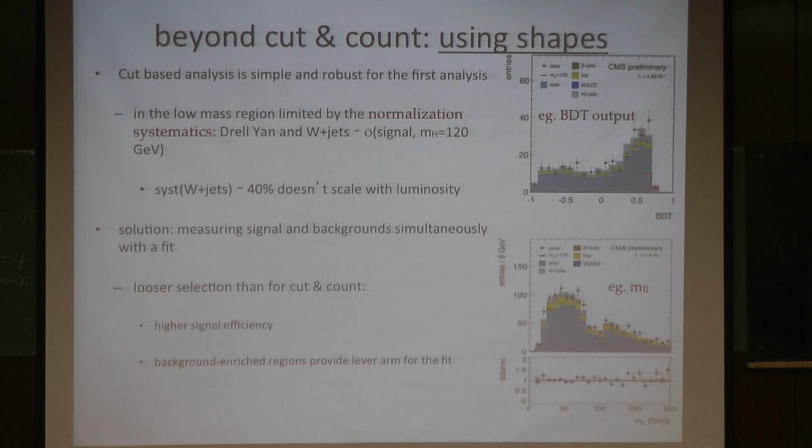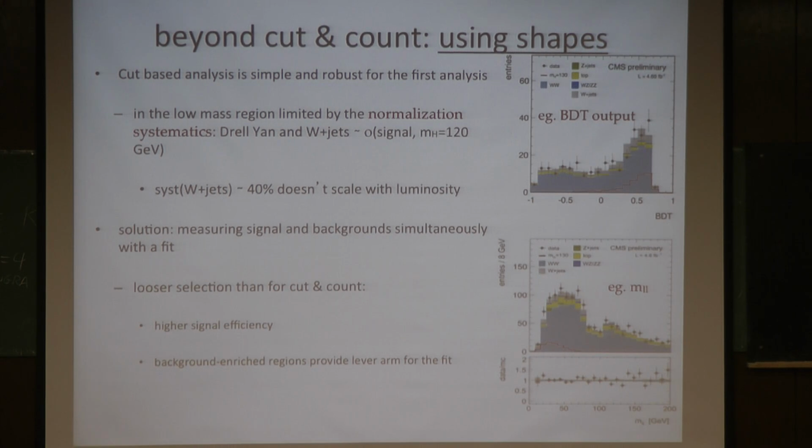And now, other than doing just cut and count, you can start using invariant masses and combinations of invariant masses and try to do shape analysis. And this is a boosted decision tree output when you are using a number of shapes. The shapes are the shapes of the variables that we used to cut, but now we are fitting and we're making use of the shapes themselves.